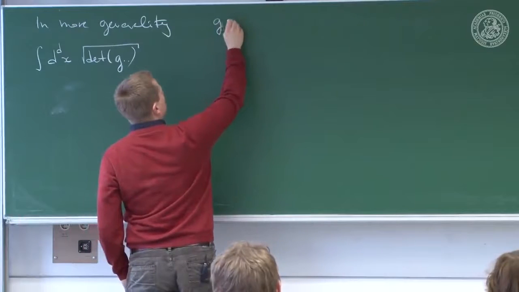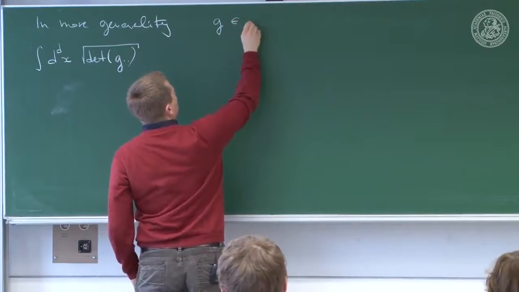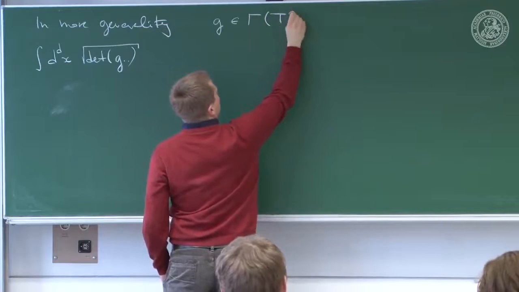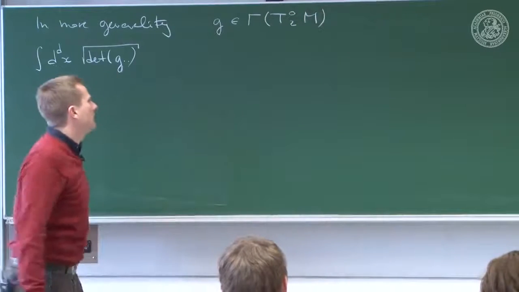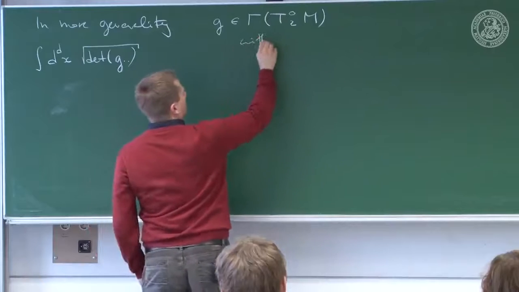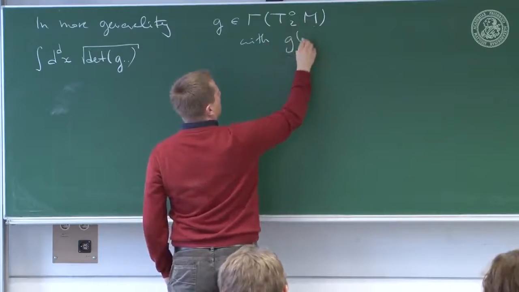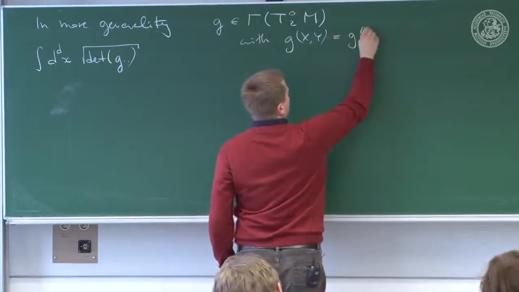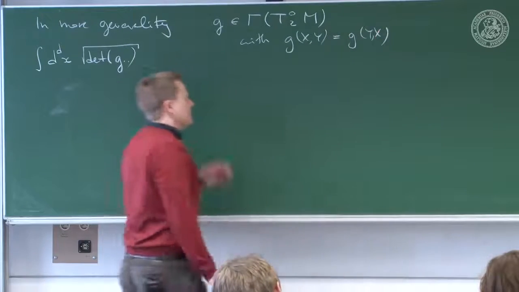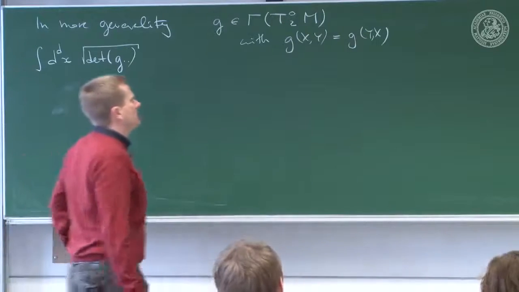So let G be a section of the 0,2 tensor bundle over M, over the base space, with the property that if you plug in two vectors, this is the same as plugging them in the opposite direction.